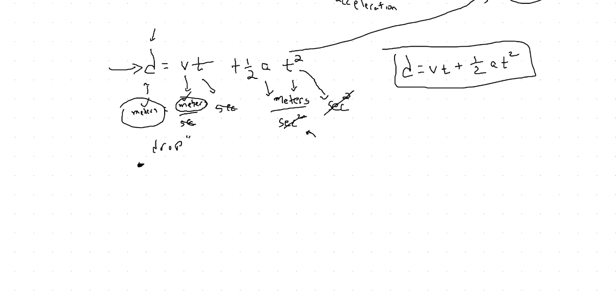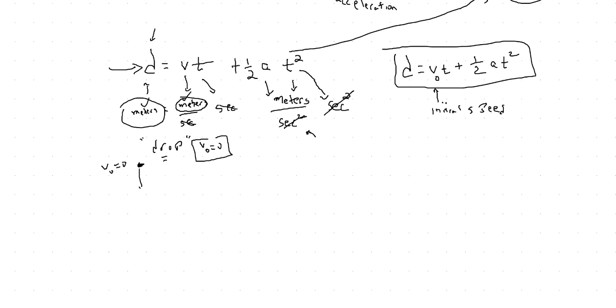Okay, if we drop it, and I'm going to call this v0, okay, that's the initial speed. Now if we drop something, that means the initial speed is 0, right? We're dropping it.